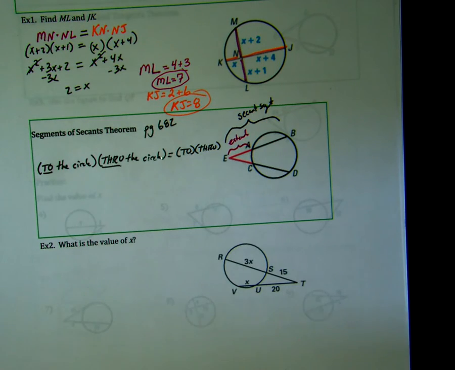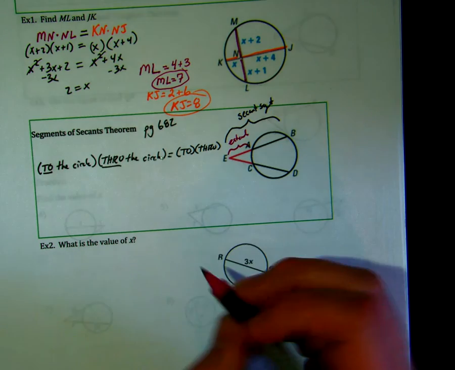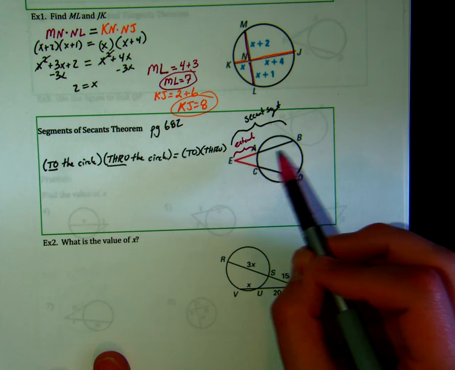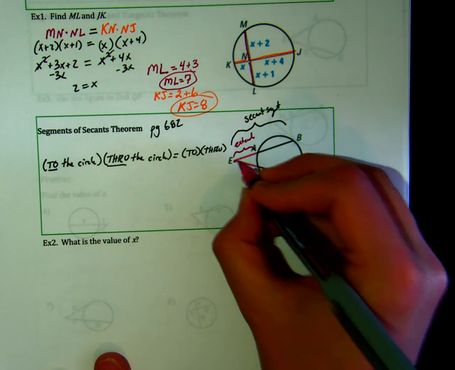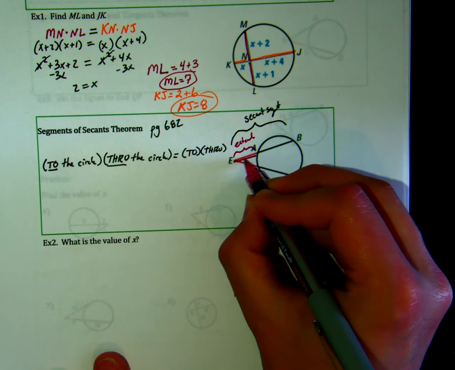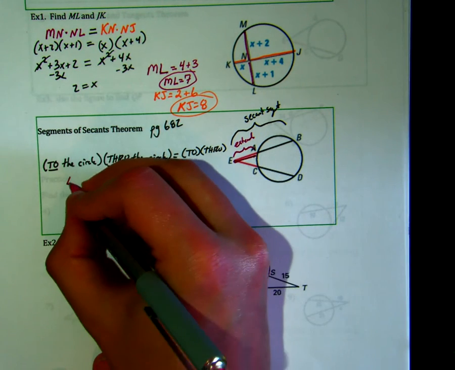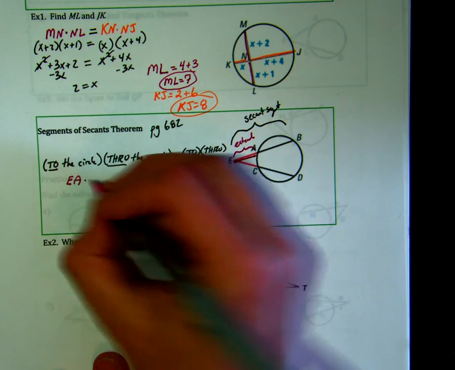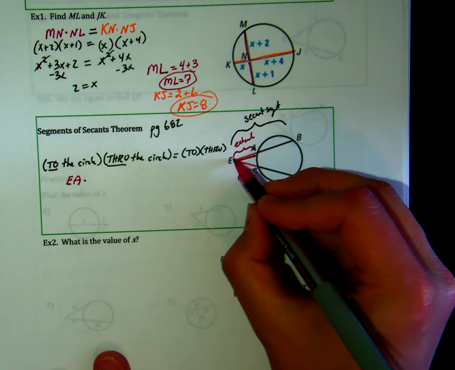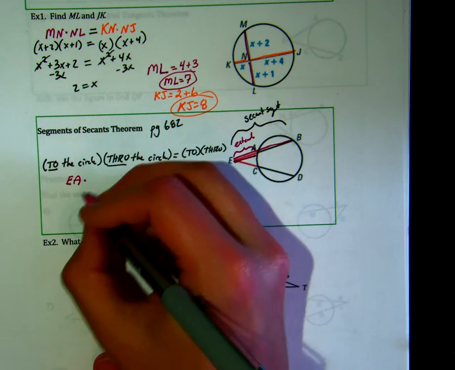Okay? So what do I mean by that? So that means if I look at this secant of EB, if you start from the external segment, to the circle is EA, and all the way through the circle is EB.